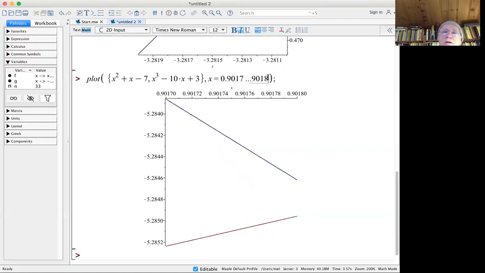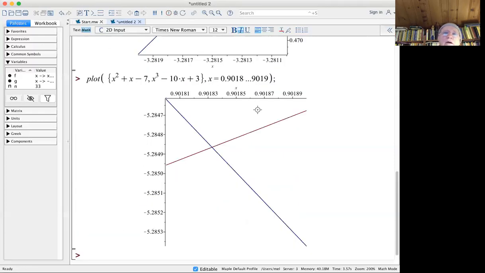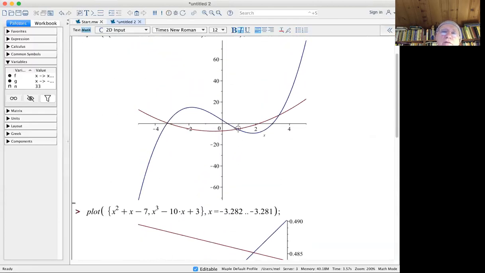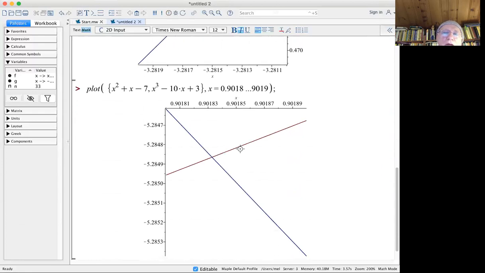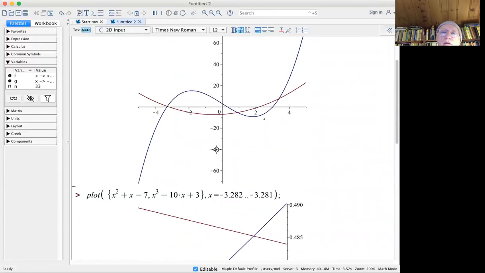Too much, maybe 0.9019. Make this 0.9018. Yeah. So this point of intersection, the second one right there, is about 0.9018. Yeah, that's pretty good. What about the third point?